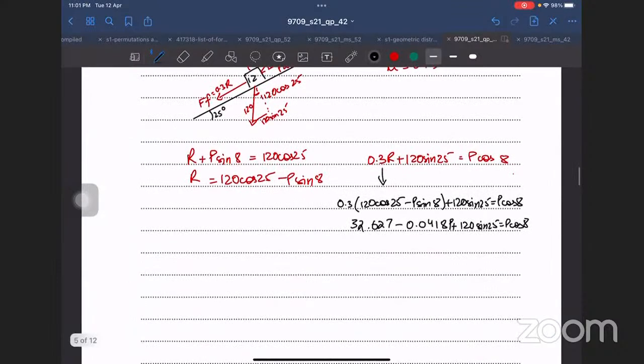So gathering the P's on one side, I get 32.627 plus 120 sin 25 equals P cos 8 plus 0.0418, which gives me 1.0321P. So P is 32.627 plus 120 sin 25 divided by 1.0321, which is 80.7.